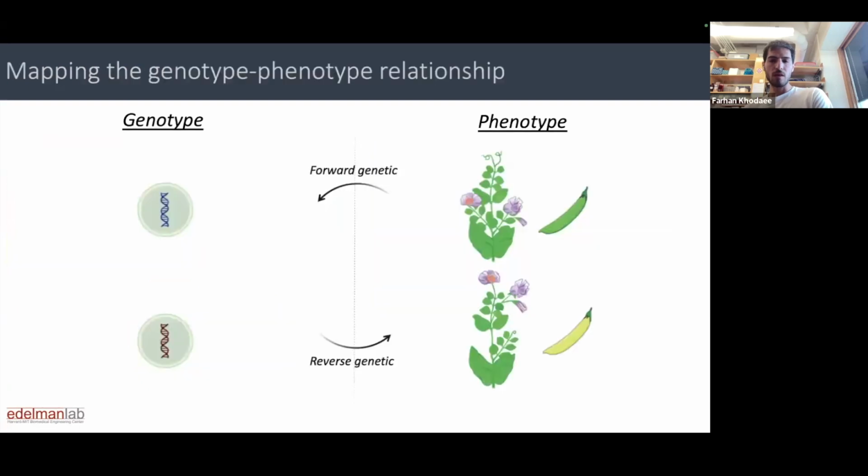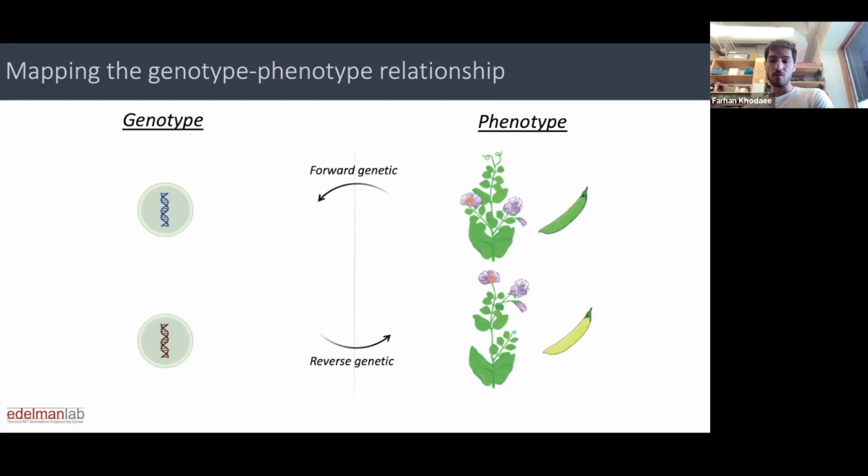So in modern genetics, or the modern synthesis, we understand the genotype-phenotype relationship in two different ways. Either we have a phenotype and we try to understand the genetic background of that phenotype, which we call forward genetics, or we have a genotype and change genes, and we want to understand what kind of phenotype emerges. This is very common nowadays.